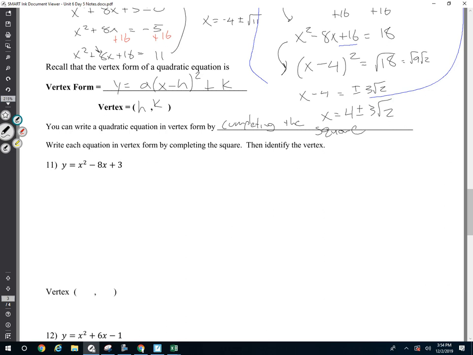Okay? Watch. Get rid of the 3, but keep the y. We just did this one. If I have x squared minus 8x, negative 8 divided by 2, negative 4 squared, 16, right? Add 16 to both sides.